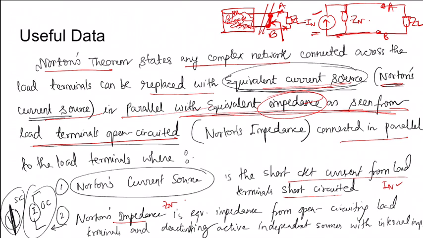Once you find the equivalent impedance as seen from these two ports, you can implement Norton's theorem, replacing the complex network with IN in parallel with Zn, and then in parallel with the load connected at these two ports.